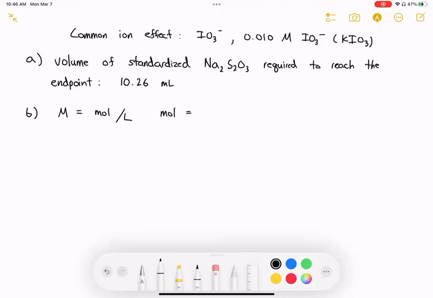Moles equals molarity times liters. So in this case, it'll be 0.0531 molar times 0.01026 liters.